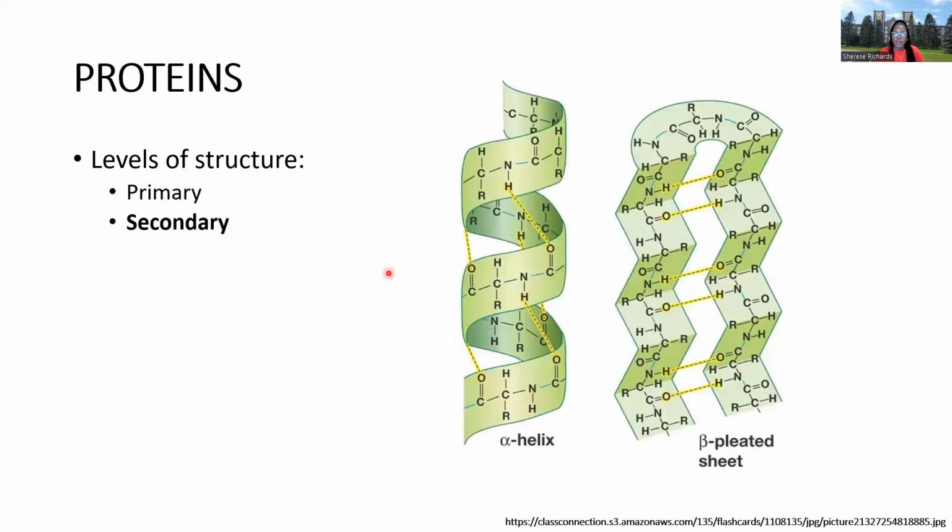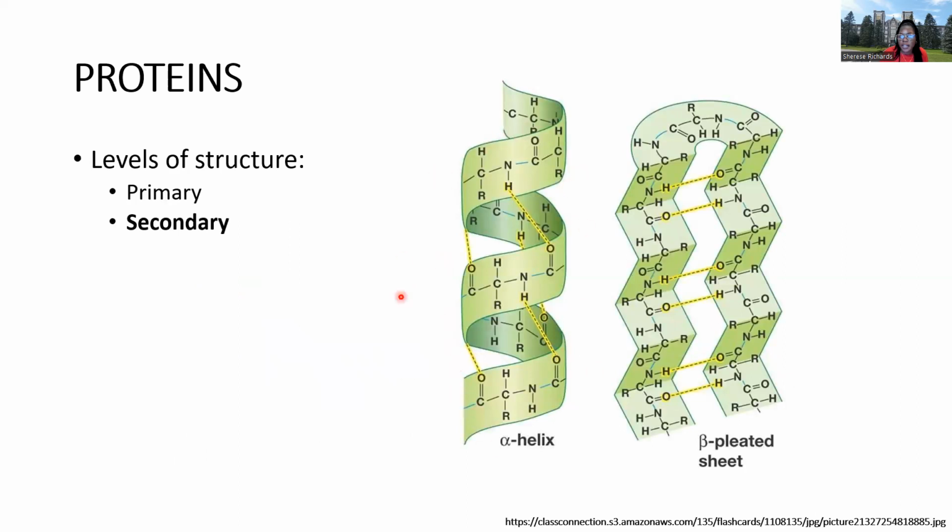Now, if we think about a slightly higher level of structure, this is the secondary level of structure. This is where we start to get different types of interactions among that single peptide chain. For example, here we have an alpha helix.